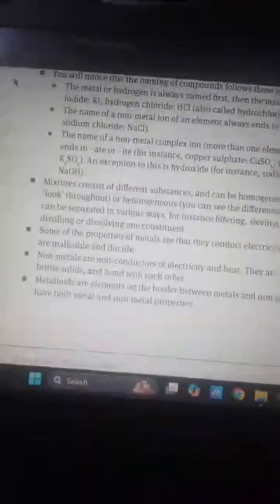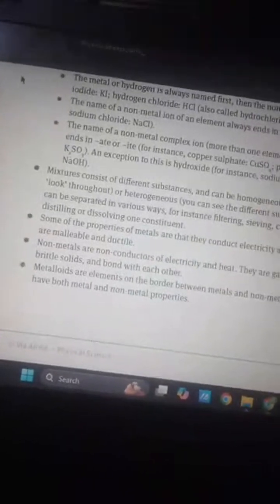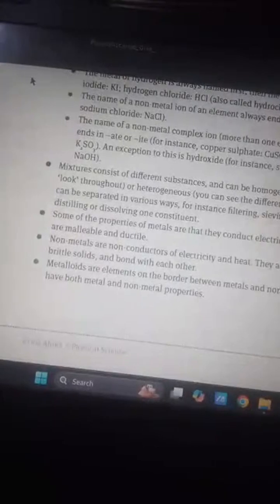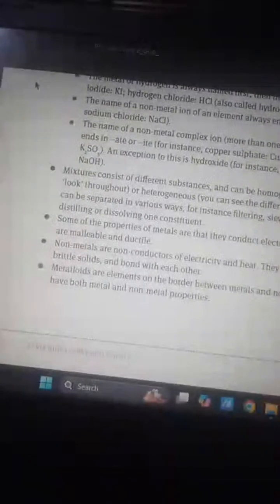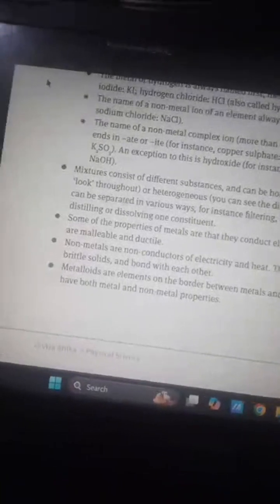Mixtures of substances can be homogeneous, which means they have the same look throughout, or heterogeneous, which means they're made up of different substances.